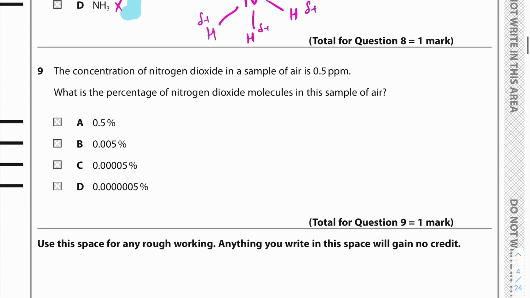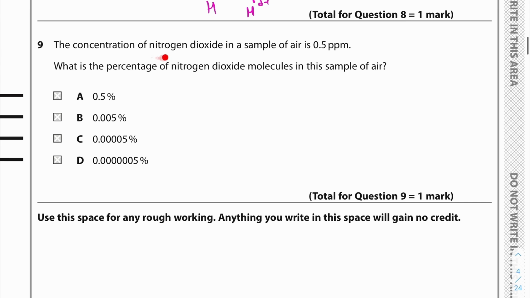Question number 9. The concentration of nitrogen dioxide in a sample of air is 0.5 parts per million. What is the percentage of nitrogen dioxide molecules in the sample of air? We know it's parts per million, so it has to be 0.5 divided by a million, that's 6 zeros.